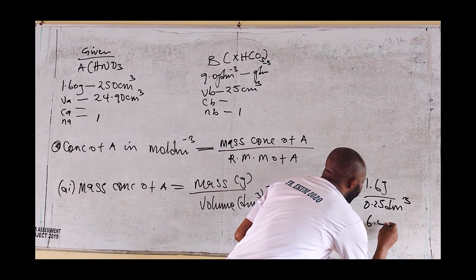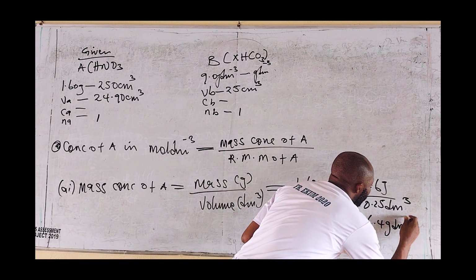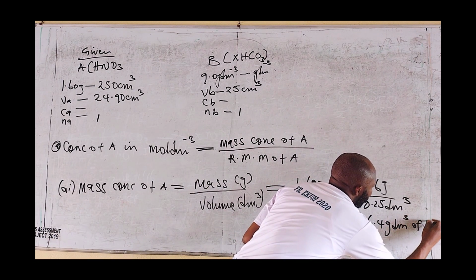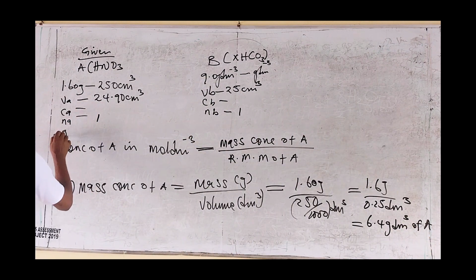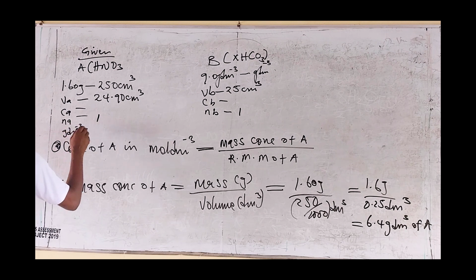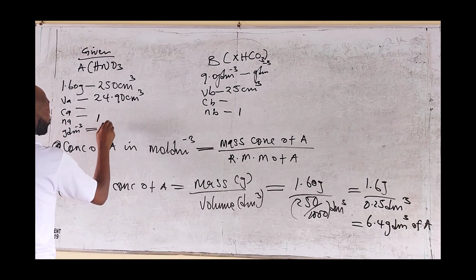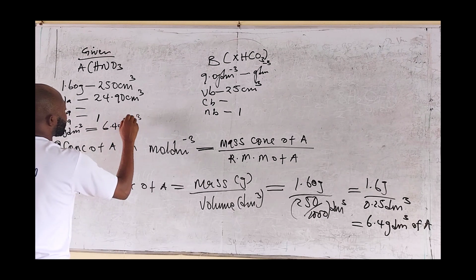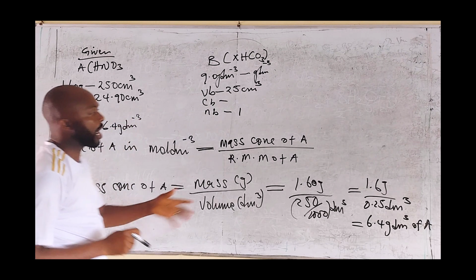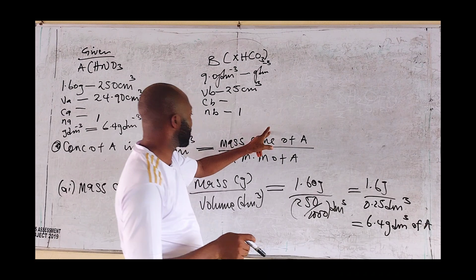So we have 6.4 g/dm³ of A. So this is the mass concentration of the acid. Now I have gotten that, I can easily put it here and proceed.